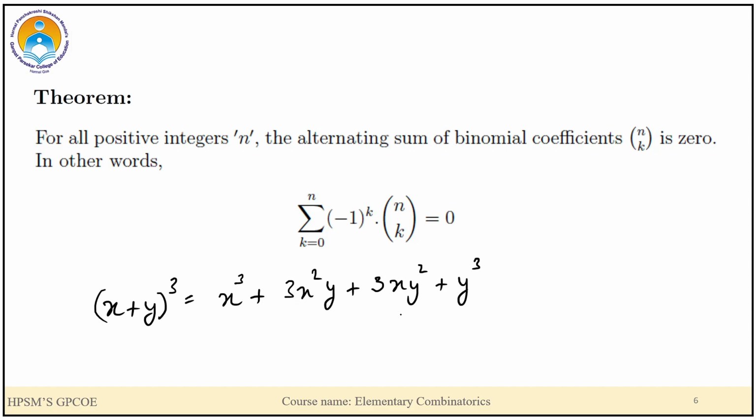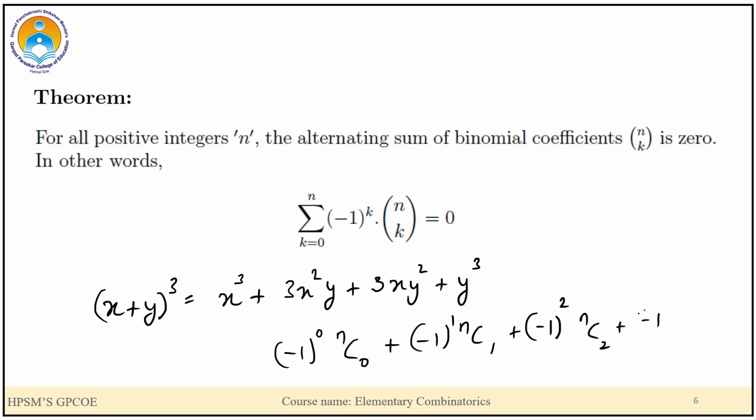I now need to take the alternating sum. So I am basically taking minus 1 raised to 0 nC0 plus minus 1 raised to 1 nC1 plus minus 1 squared nC2 plus minus 1 cubed nC3.